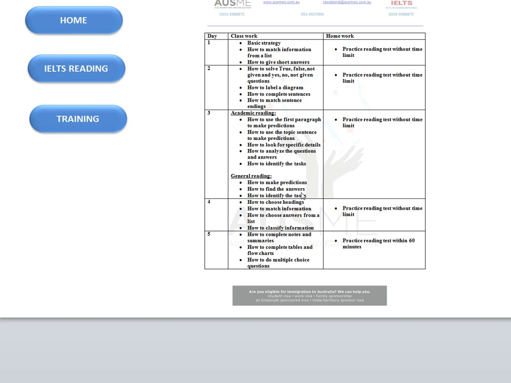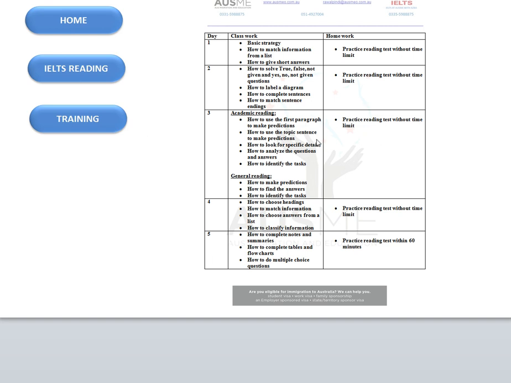So we tell you specifically, looking at questions, the strategy helps you in looking at questions and actually figuring out what the task is telling you to do. So for that specific day, we also have a practice reading test, which is again not time bounded. So the reason why we have it without time is so that you could actually look at all this, what we teach you in class, so all these strategies, all the tricks we teach you, and try to apply them in the reading test.